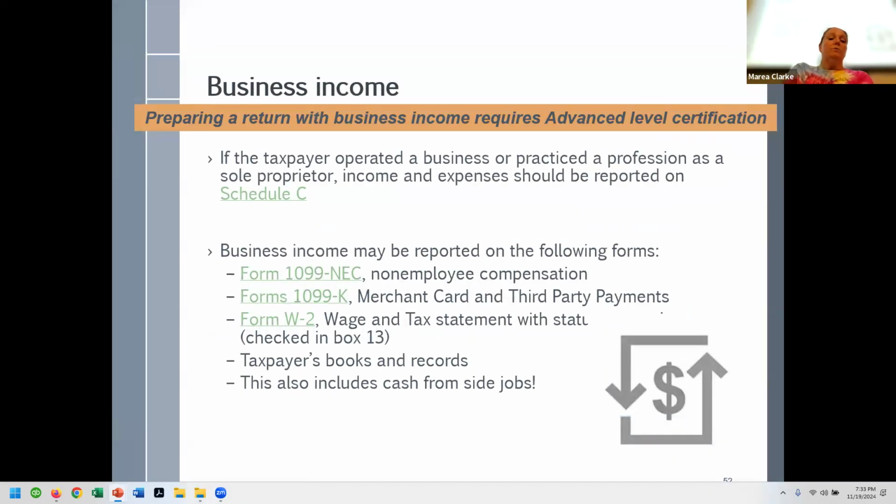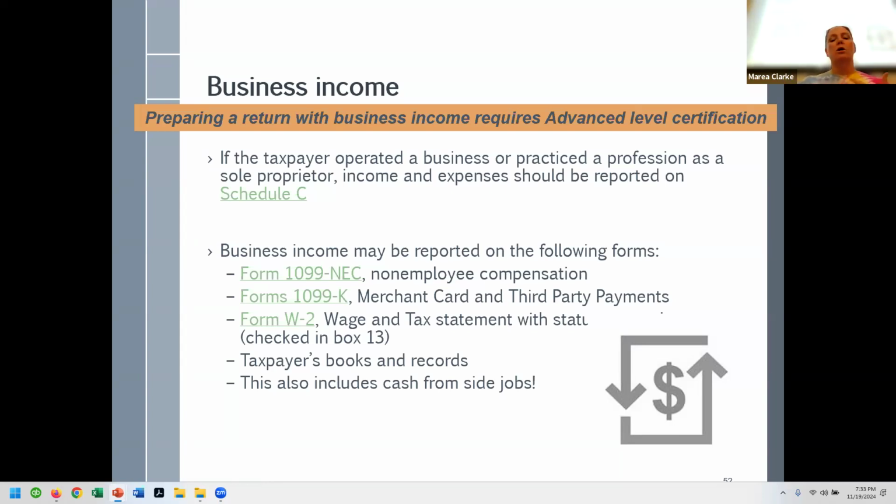Business income. So business income is absolutely advanced level certification. Basically, a Schedule C is the form that goes on. You report your income first. It can be on a couple of forms. It could be on a 1099-NEC. It could be on a 1099-K, which is like a credit card processor.